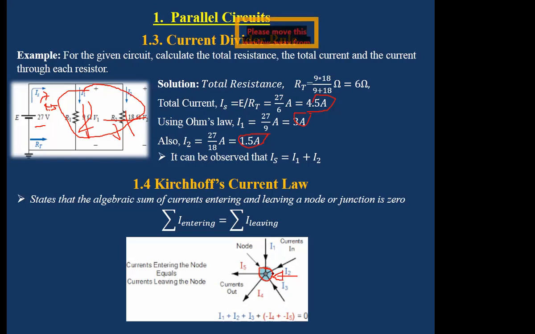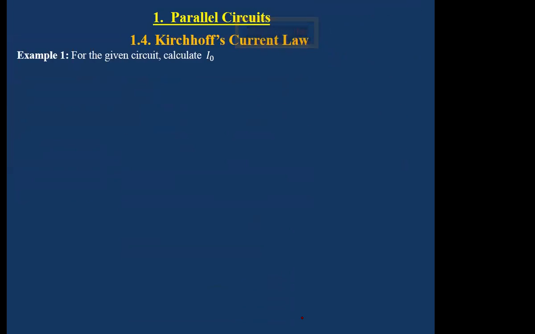So whatever current enters should be the current leaving. In other words, you can say I1 plus I2 plus I3 minus I5 and minus I6, because this is subtracting current from the node, we took it as negative. So that should be equal to 0. That's the simple current law.